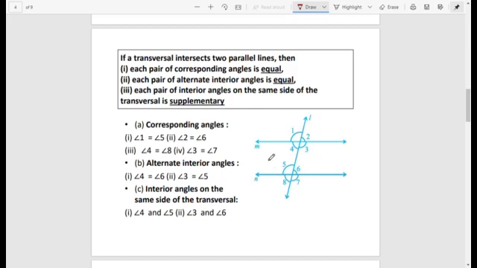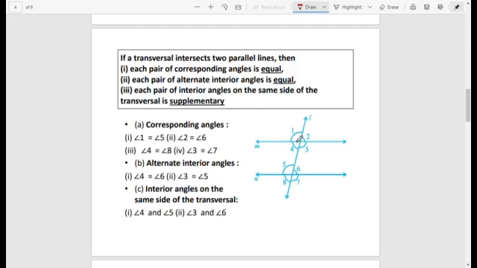So let us see what are the corresponding angles which are equal. For that we see here in the figure M and N, two parallel lines which are being intersected by transversal L.